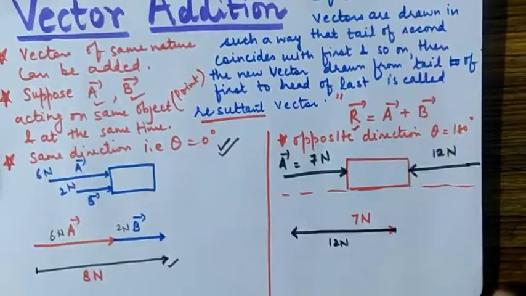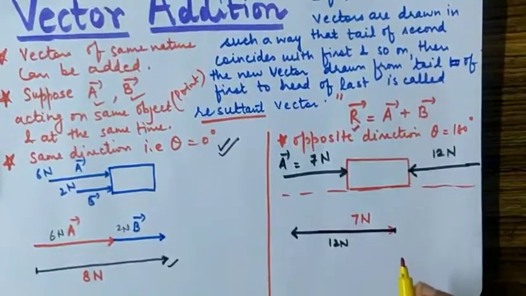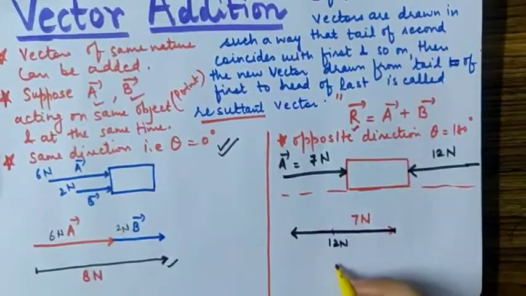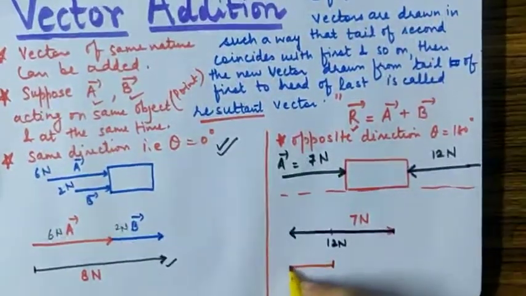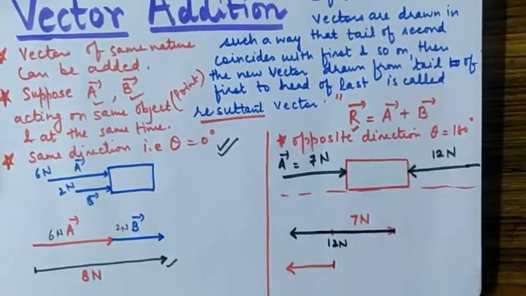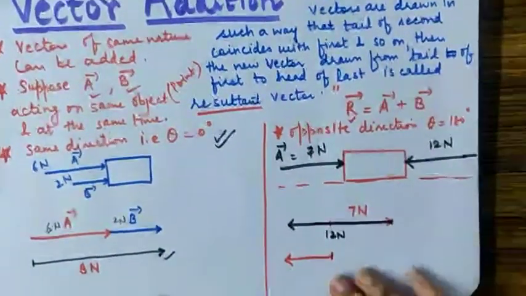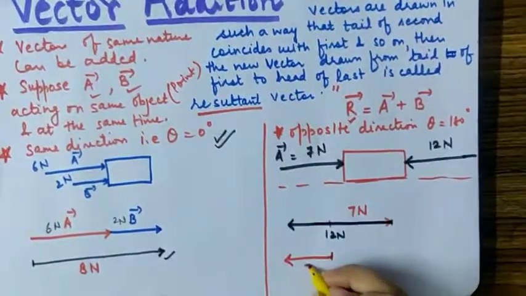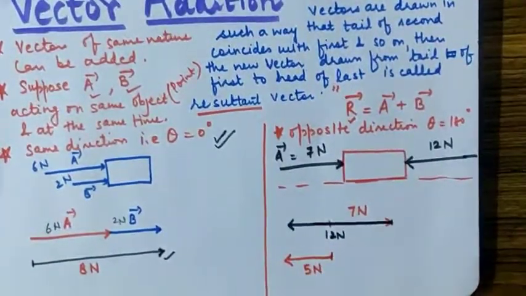So what we are going to do now, the tail of first was somewhere here, it is not visible here, tail of first and head of last. So this is the new vector drawn. What will it be equal to? If the whole is 12 Newton and this is 7, then this will be 12 minus 7, that is 5 Newton.